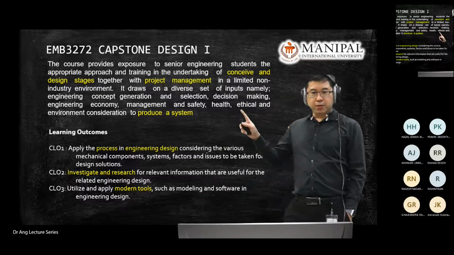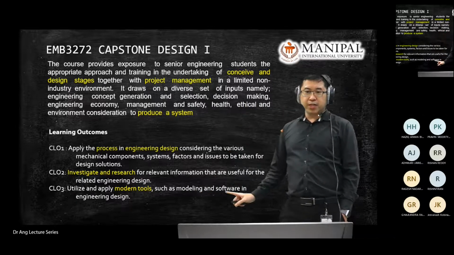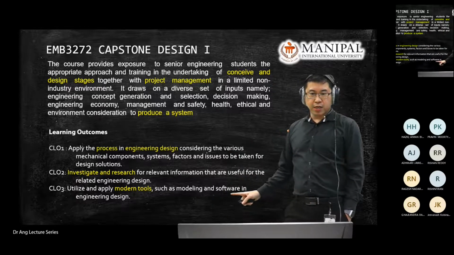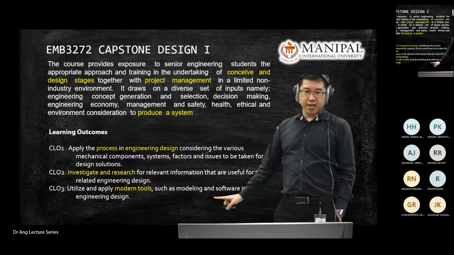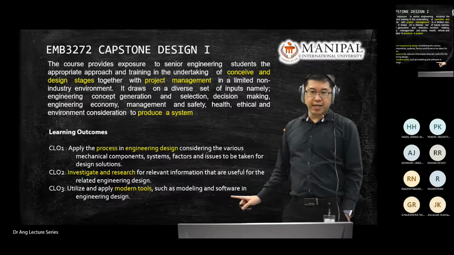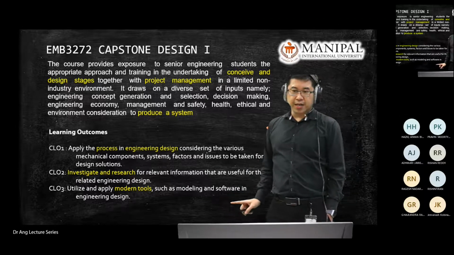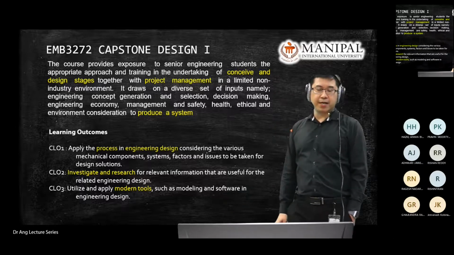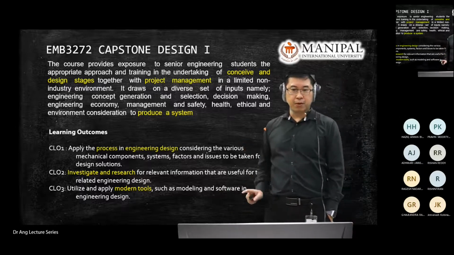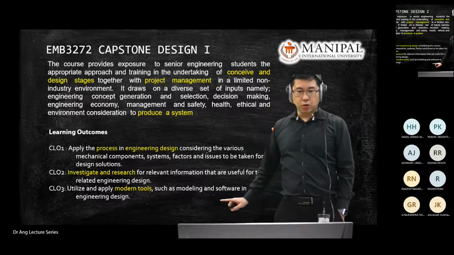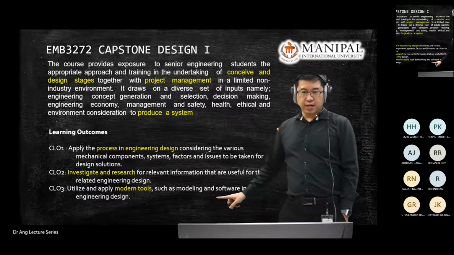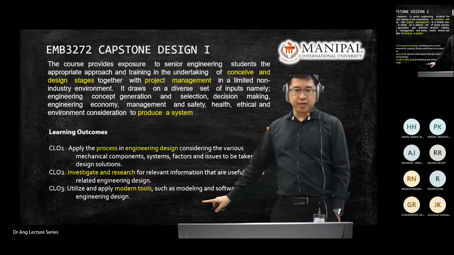So from Capstone Design 1, you can't run away from 3D modeling software like CATIA, SolidWorks, AutoCAD, and simulation software like ANSYS and other things that are available on the market or even in the multimedia lab, okay, computer lab. So don't worry, we will guide you through. All right, we'll guide you through.